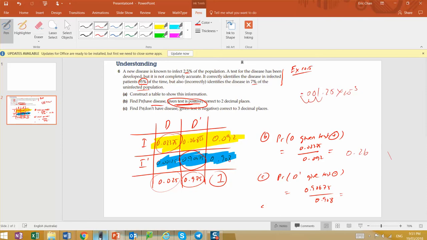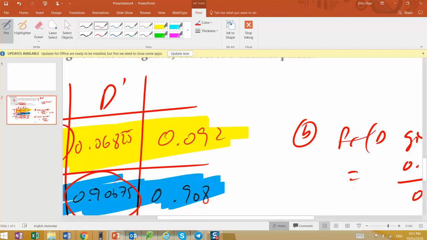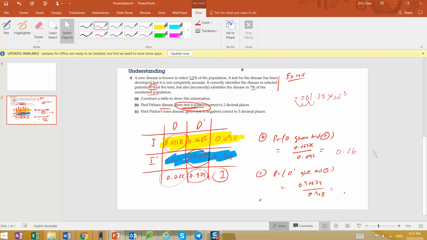And for the second one, you go 0.90675 divided by 0.908. So it's 0.999 to 3 decimal places.